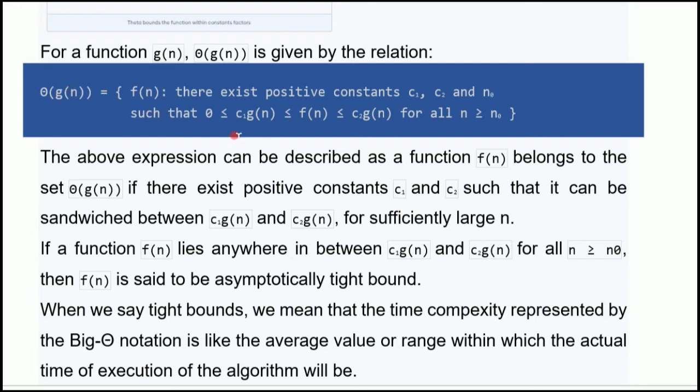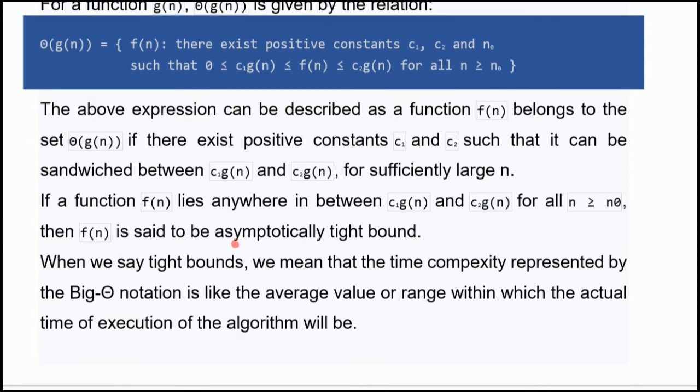Here you can see f(n) belongs to theta g(n) if there are positive constants c1, c2 and n0 such that f(n) is greater than c1 of g(n) and less than or equal to c2 of g(n) for all n greater than or equal to n0. If a function f(n) lies anywhere in between c1 g(n) and c2 g(n) for all n greater than or equal to n0, then f(n) is said to be an asymptotically tight bound.